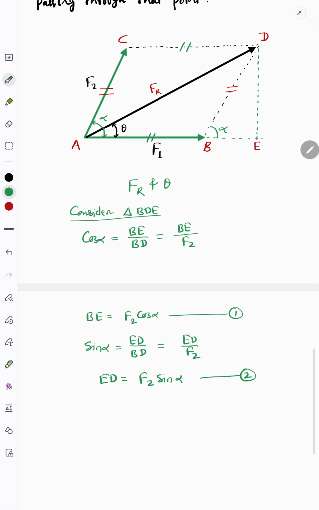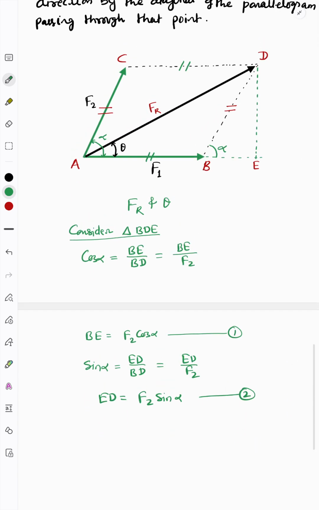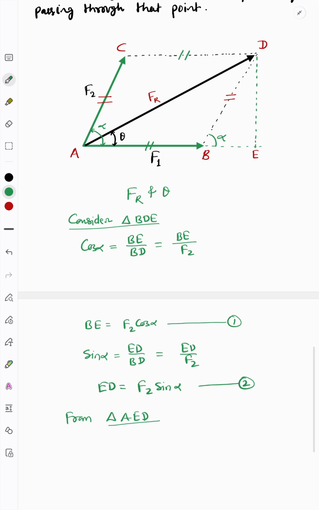Next we will consider a right triangle, because we have to calculate the diagonal. In that right triangle we are going to apply the Pythagoras theorem. So from triangle AED, according to the Pythagoras theorem, AE square plus DE square is equal to AD square.